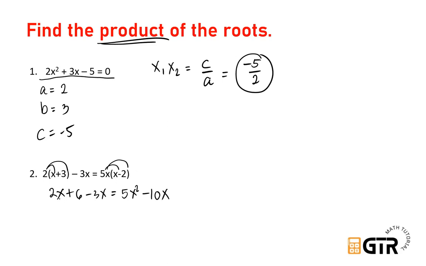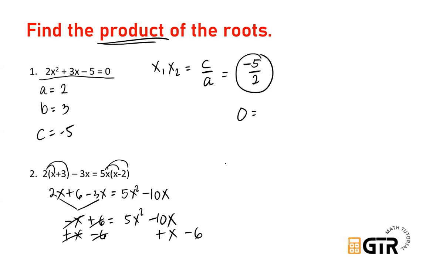Combine like terms, 2x and negative 3x, we have negative x. Copy positive 6 equals 5x squared minus 10x. Put everything to the right side because 5x squared is positive. Add x to both sides, so itapat na natin dito, cancel na ito, and then subtract 6 from both sides so that the left side will equal 0.